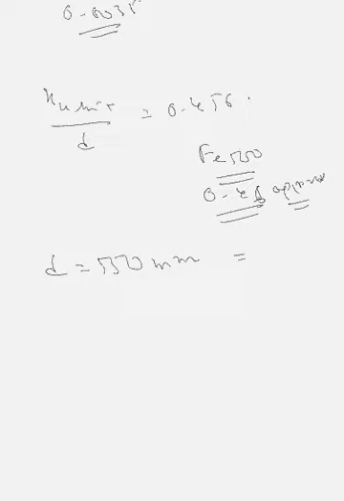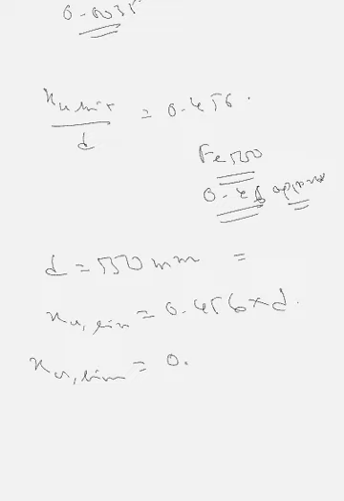So let's calculate the limiting neutral axis depth. XU limit is 0.456 into D. Okay, now substitute. XU limit is 0.456 into 550. Now multiply very carefully. First multiply 456 into 55.